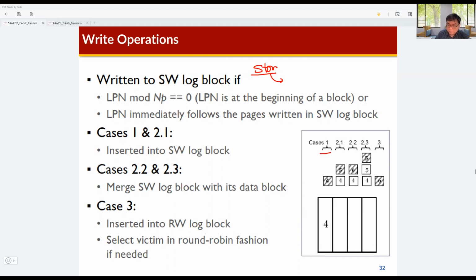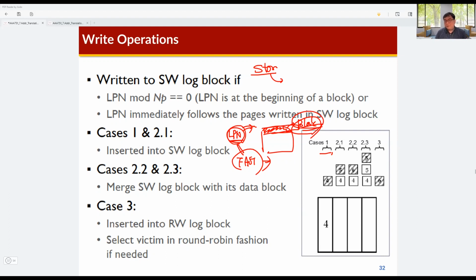Okay, so let's see some sequential write cases or random write cases. So what is case 1? Case 1 means that the logical page number of this write request is the first page of a block. In this case, FAST just considers this request the start of a sequential write, because this logical page number is the first page of a certain block.